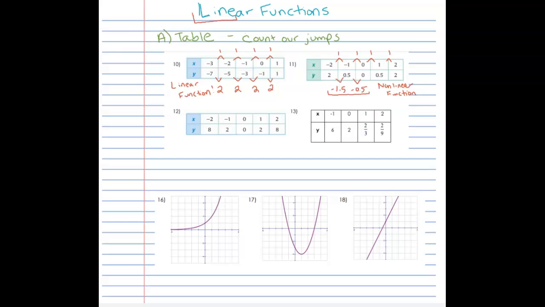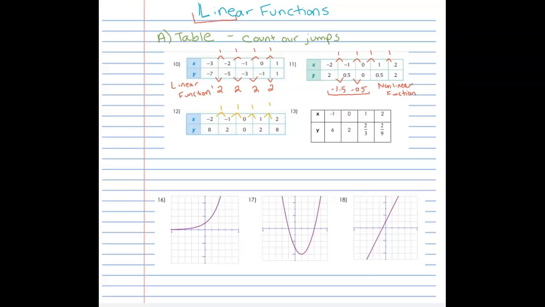All right, let's do a couple more together. Number 12, again, I'm going to have you set this up. We're going to try this on our own. -2 to -1, it looks like we are continuing to go up 1.